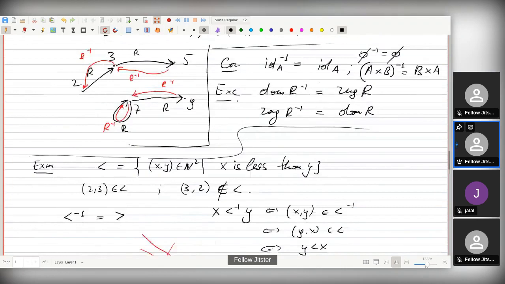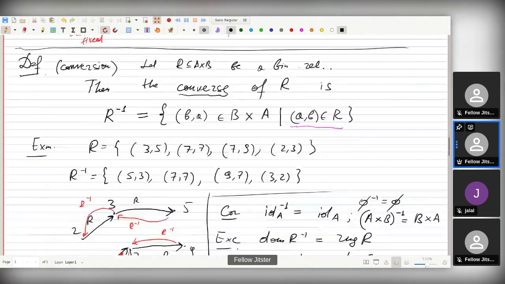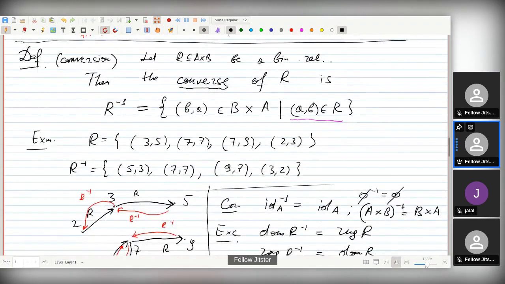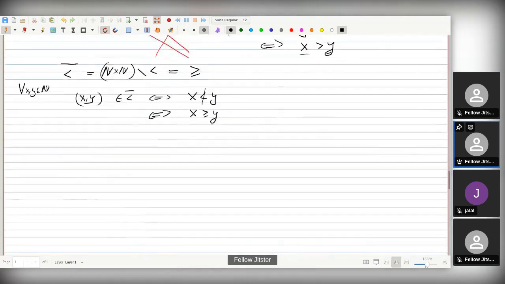And another, more interesting operation is that of composition. It is a little bit trickier. What is the main idea? Let us look at a diagram.